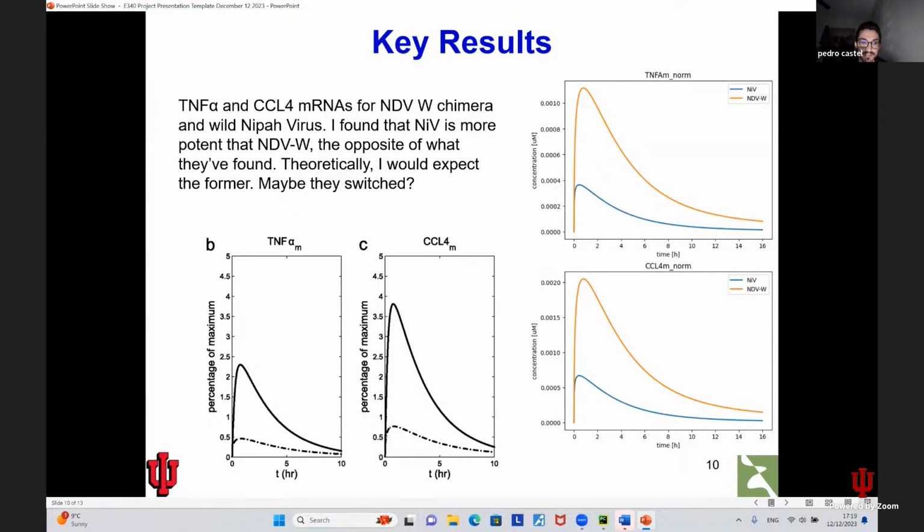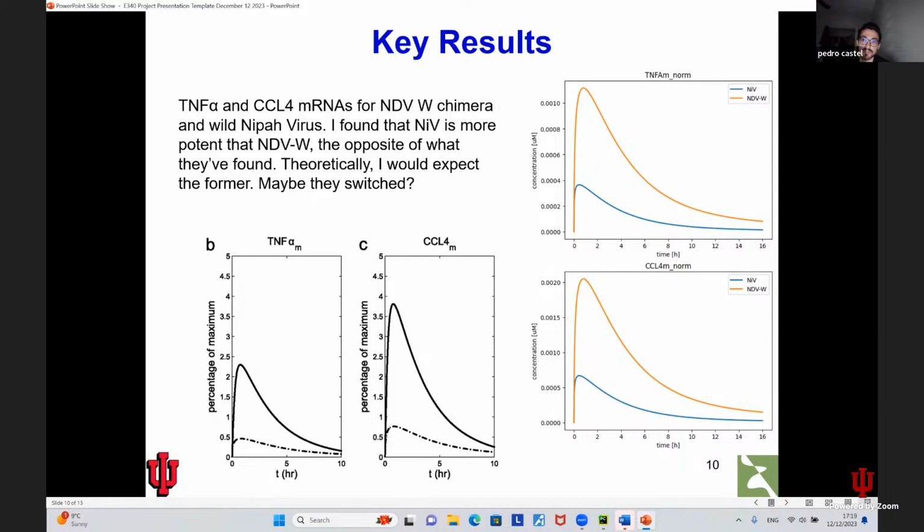And in their results, they say that the dashed curve, the broken curve, is NDV with W protein, while the continuous curve is NIV, the natural Nipah virus. And I found the other way around.